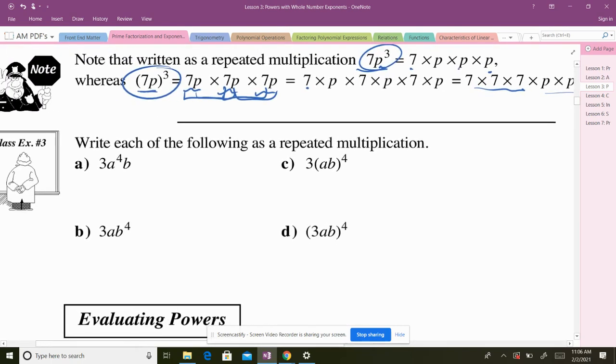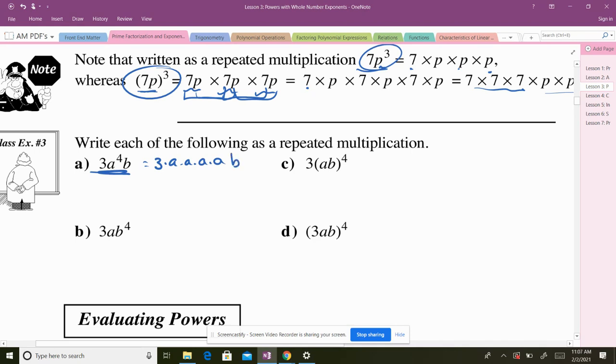We're going to write this as an expanded multiplication. How many 3's are there in the first one here? There's 1 three. The 4 is on the a, so you write a, a, a, a. How many b's?